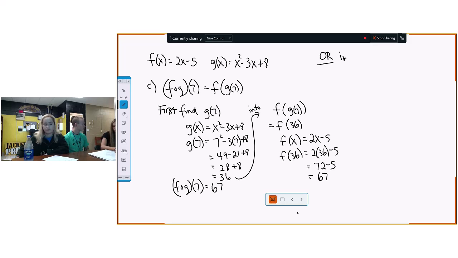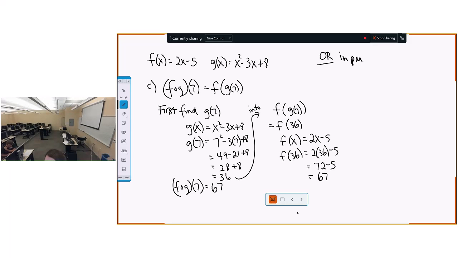Or, in part A, we already found f of g of x equals 2x squared minus 6x plus 11.